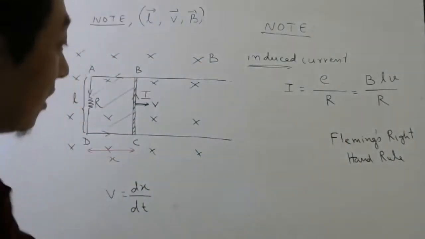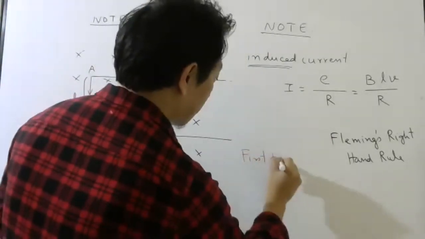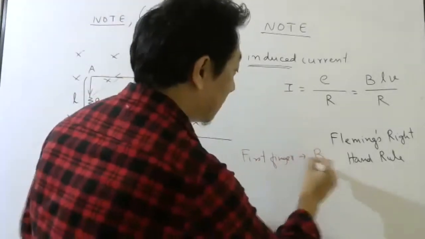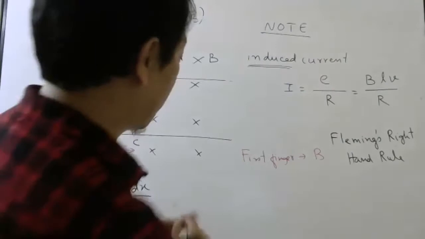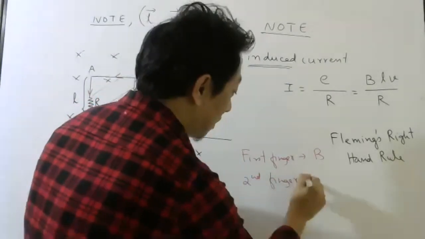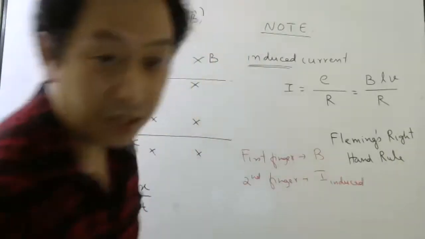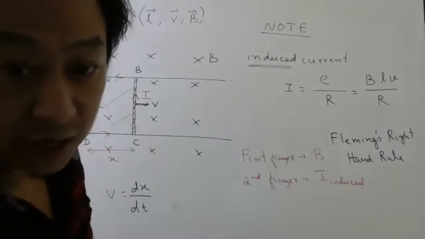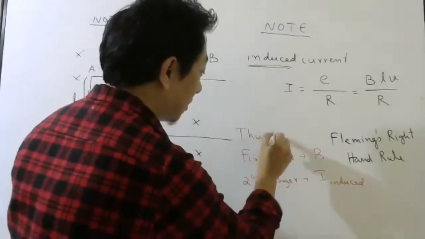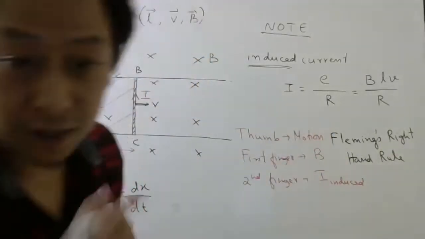Okay. So first finger, like before, will be magnetic field. Second finger will give you the induced current. And thumb is used to find the motion. Thumb will denote motion.